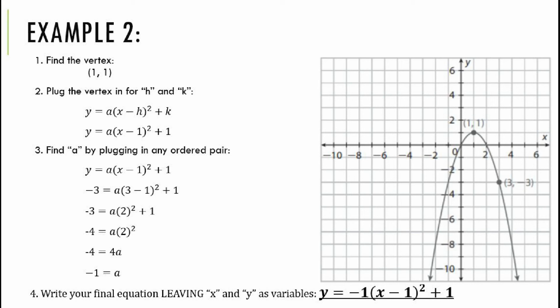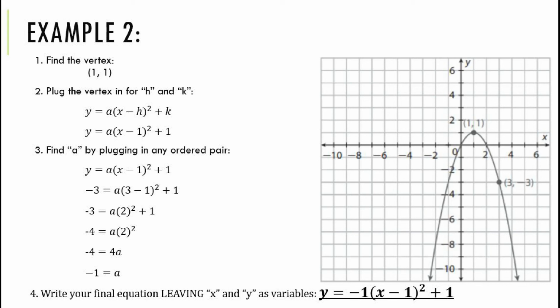So now my next step is to find what a is. So I'm going to pick any ordered pair. They went ahead and already marked on my graph (3, -3). So I'm going to use that one. So my x coordinate is 3, so I'm going to plug in 3 for x. And my y coordinate is -3, so I'm going to plug in -3 for y.